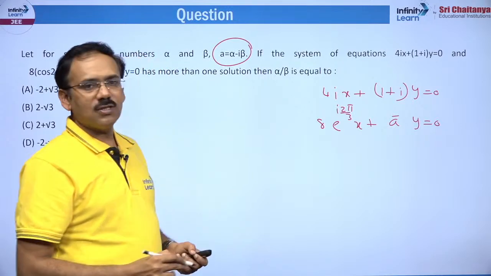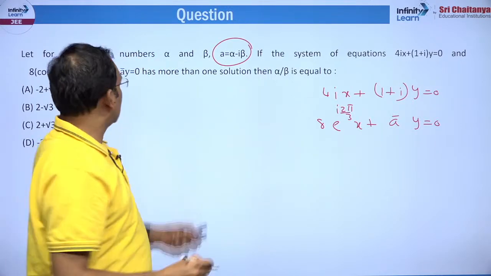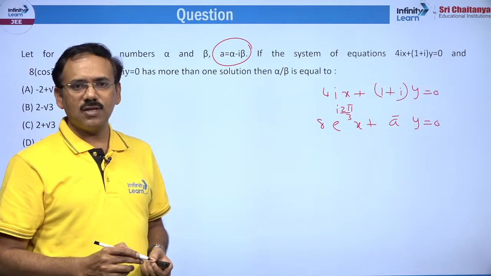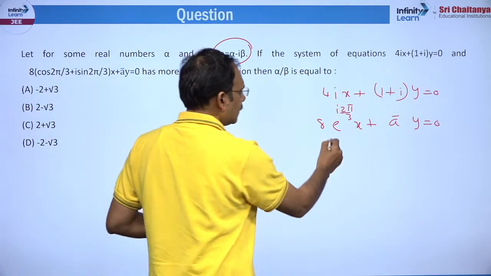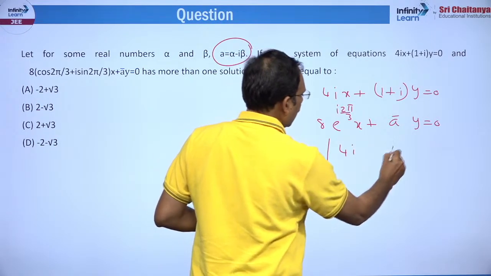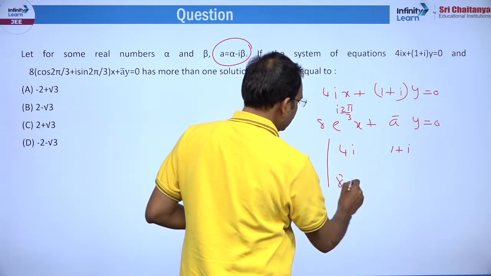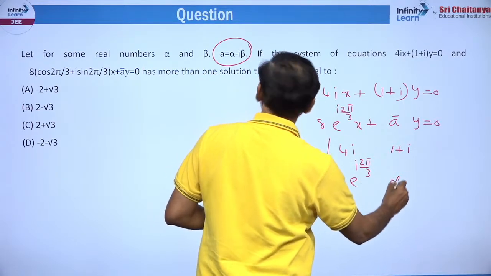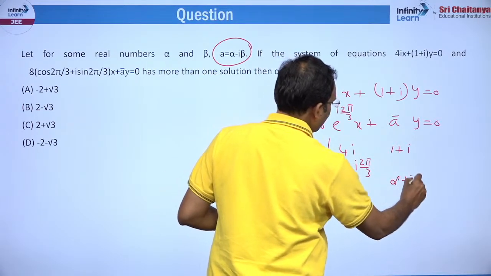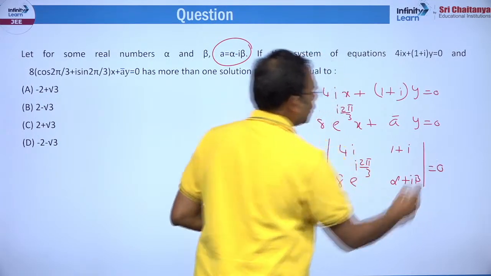These are two homogeneous linear equations in two variables, and they have more than one solution, which means they must be dependent equations. The determinant of 4i, 1 plus i, 8 into e power i 2 pi by 3, and a bar, where a bar is alpha plus i beta, must be 0.